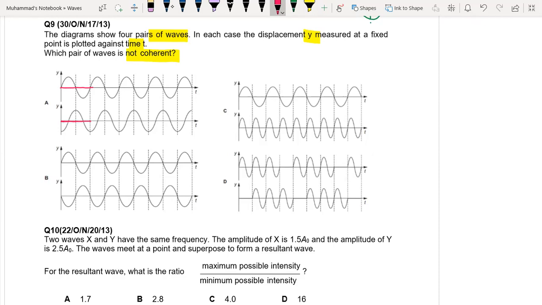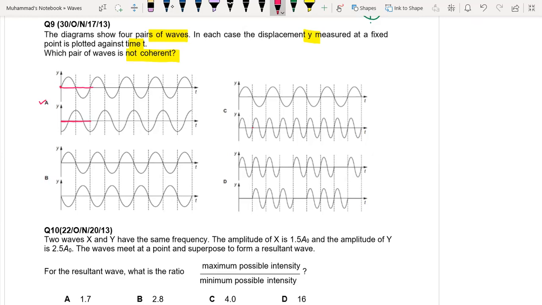So option A has coherent waves. The phase difference at any particular time will be the same, and you can find the phase difference between these two waves; that is 90 degrees, 1/4 of a cycle.